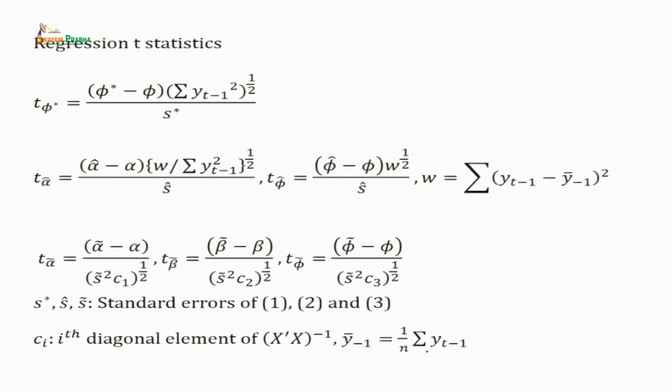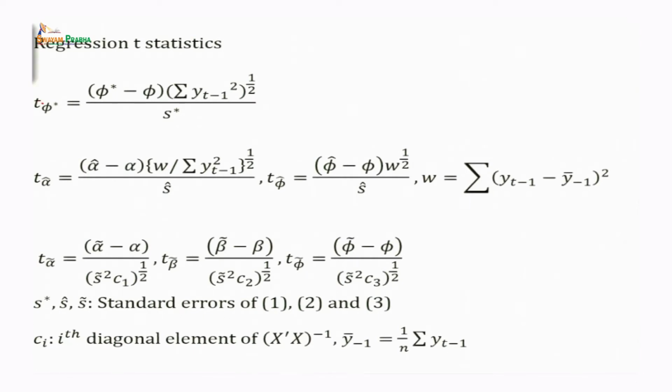So, this is the mean of one period lagged observations. Similarly, for model 3, these are the statistics for model 2.